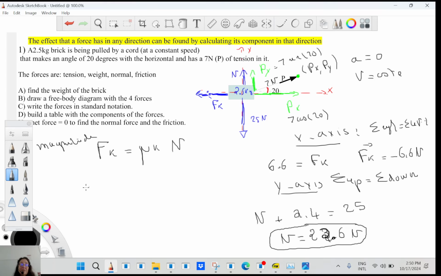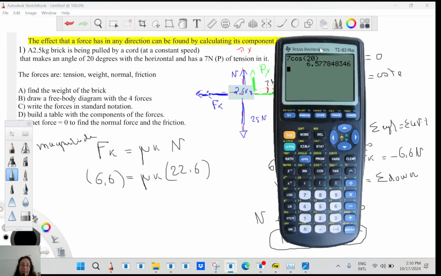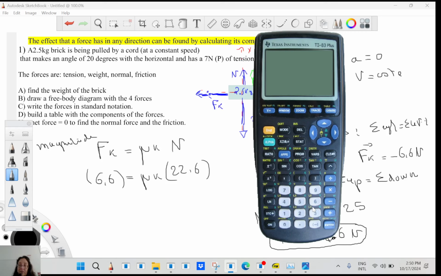So kinetic friction will be 6.6. This is the coefficient, and the normal force is 22.6. So it's going to be 6.6 divided by 22.6, 0.3, right? Yeah.